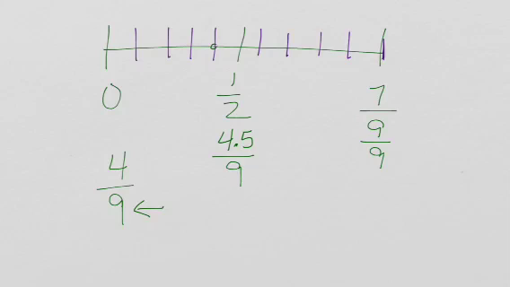So 4/9 is here. So when looking at my three options, is it closer to 0, half, or 1? 4/9 is closer to half. So 4/9 is about half. It's about halfway.